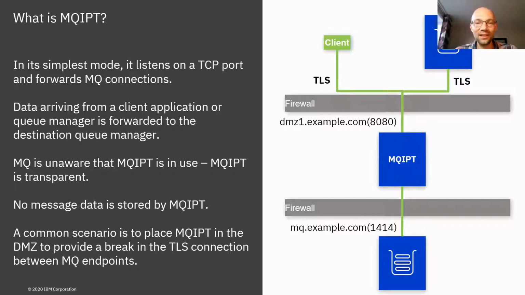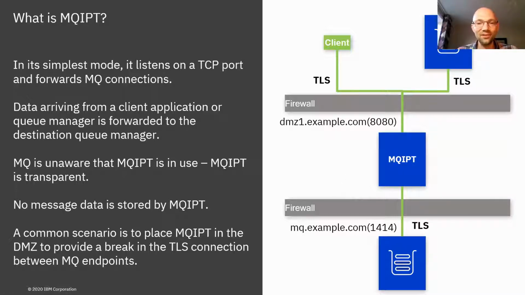What we're seeing now in that diagram is that you're pushing some of the security checks on that connection out to your DMZ. So MQIPT will receive the TLS connection, check that the certificates are valid and so on, and that the connection is from a partner that it wants to be talking to, before passing on that connection to the queue manager.